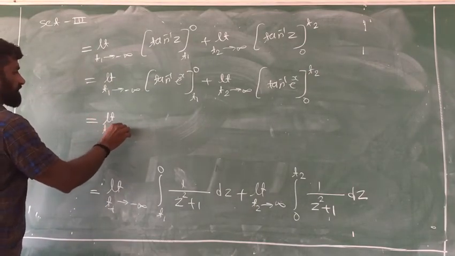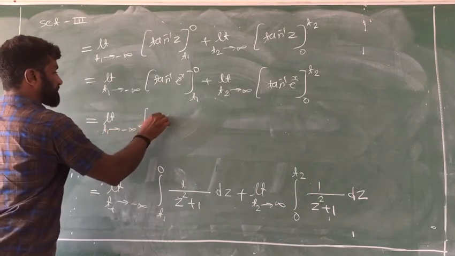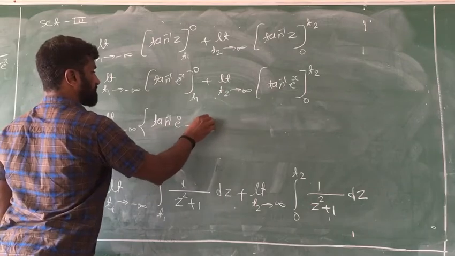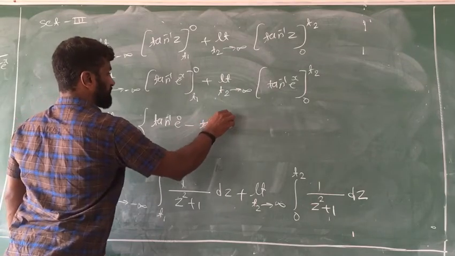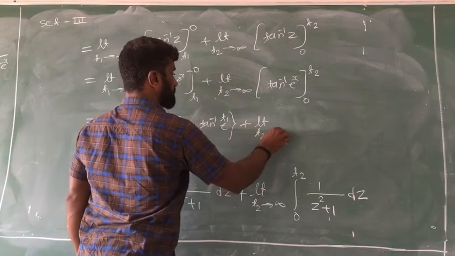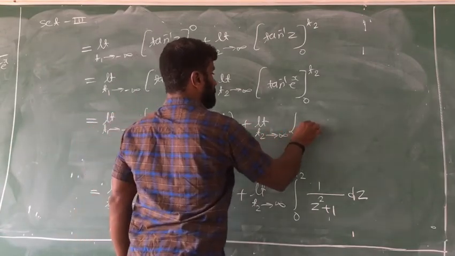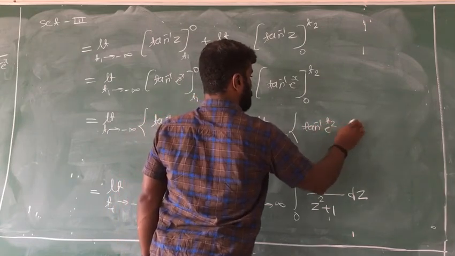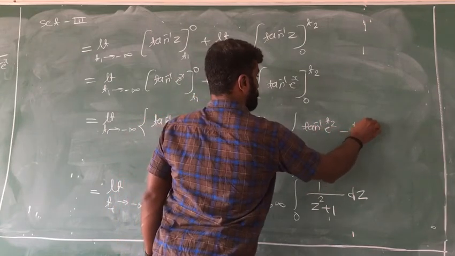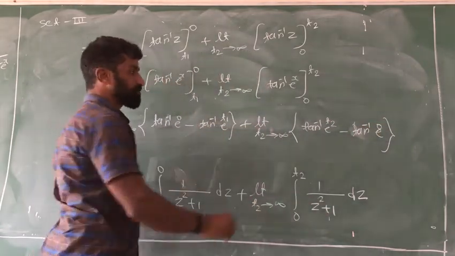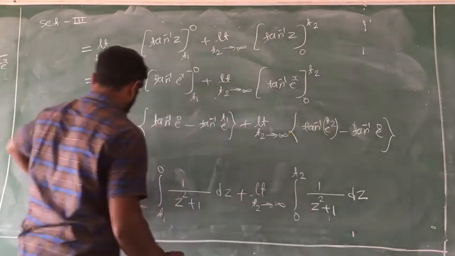So t1 to minus infinity, tan inverse of e raised to 0 minus tan inverse of e raised to t1, plus limit t2 tends to plus infinity, tan inverse of e raised to t2 minus tan inverse of e raised to 0. Wherever the function has x, substitute the value.